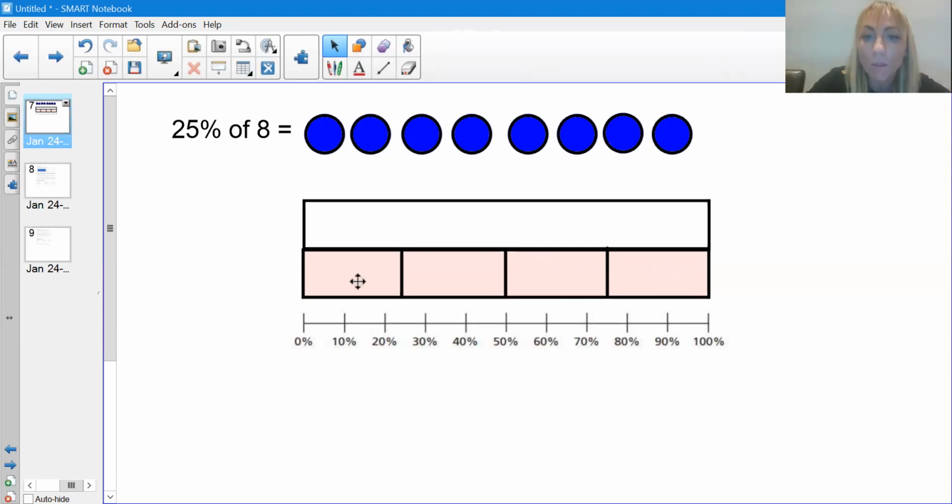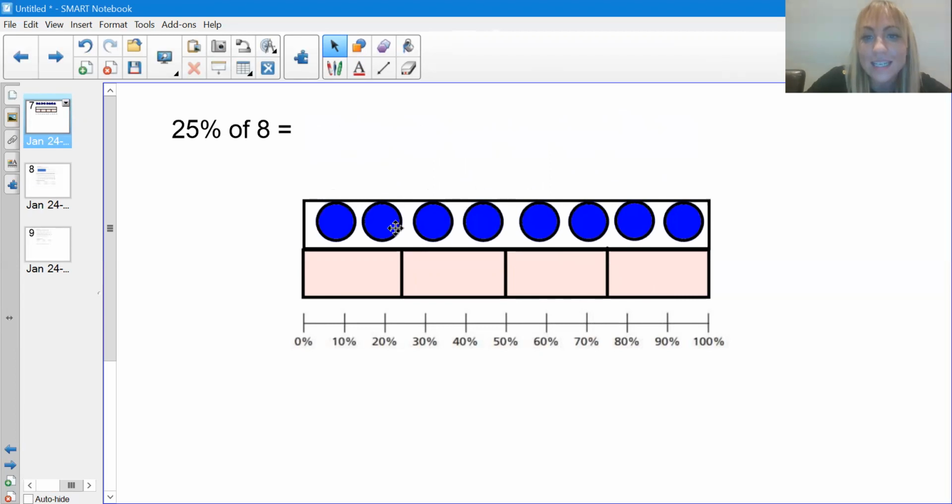So I've split my bar model into 4 equal sections, and you can see along the bottom here, along my scale, that my 25 sits right in between 20 and 30. And 25 is half of 50, and 50 is half of 100. So my bar model is split into 4 equal sections.